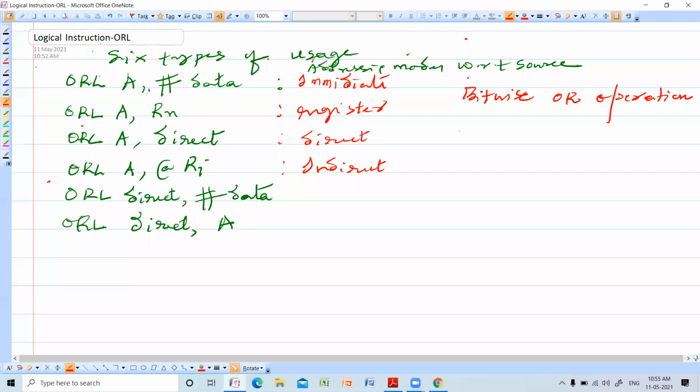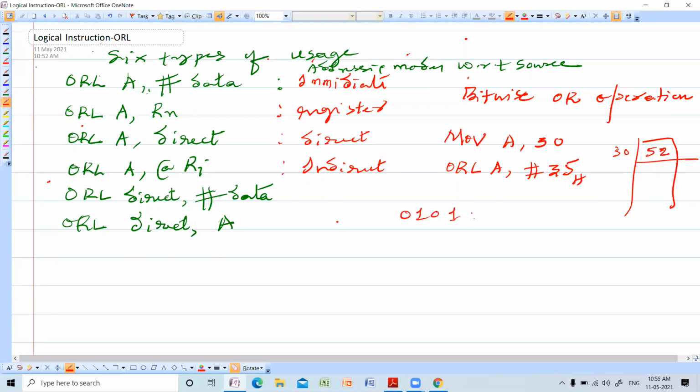Suppose you write a very small program: MOV A, 30, ORL A, hash 35. Imagine this is memory location 30 and you have 52 as the data, so 0 1 0 1 0 0 1 0.